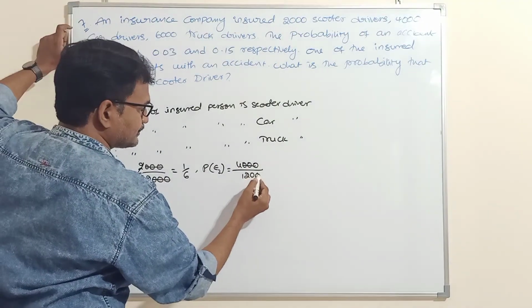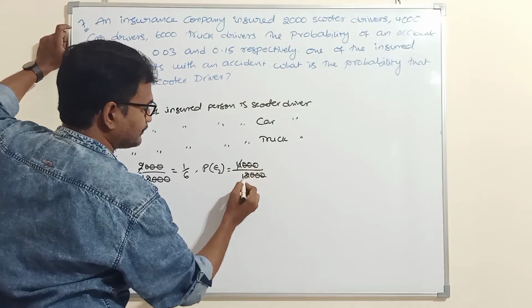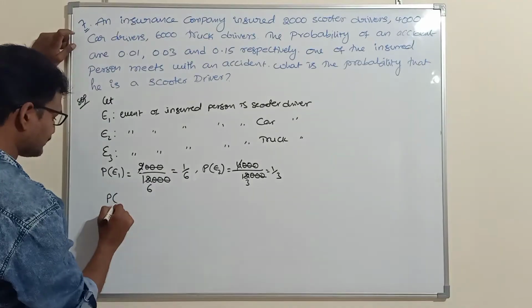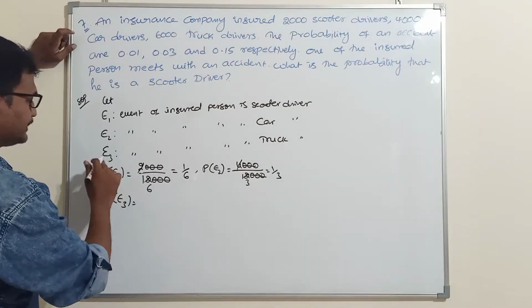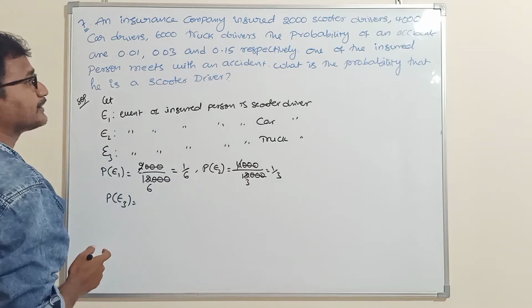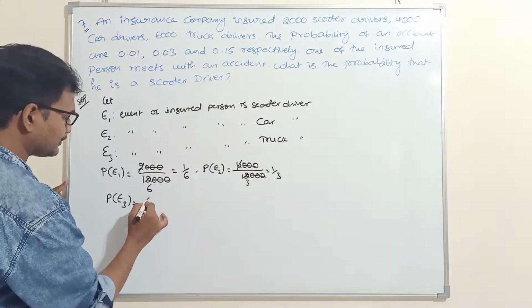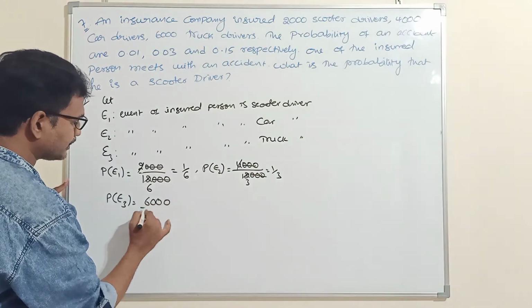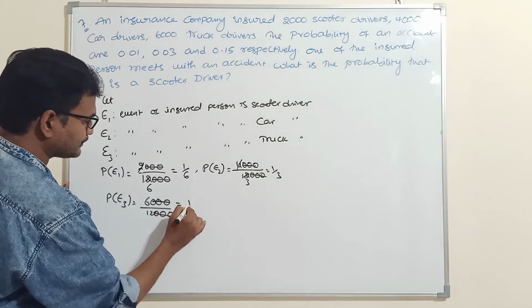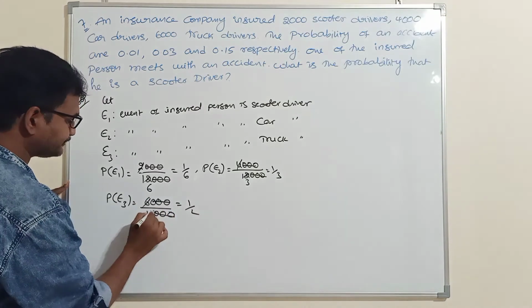So 3 zeros get cancelled, 1 by 3. Next, what is the probability that the insured person is a truck driver? How many truck drivers are there? Total 6,000 out of 12,000. So this is 6 by 12, that means 1 by 2.